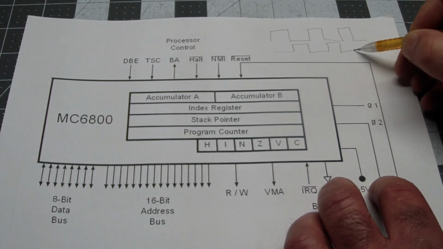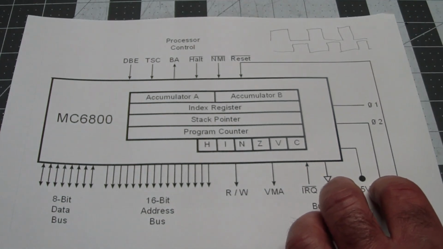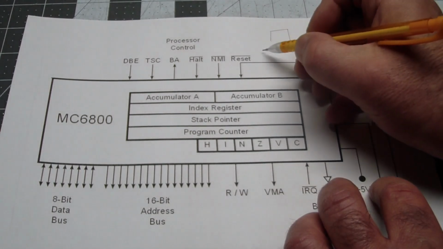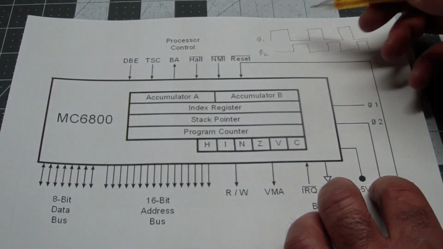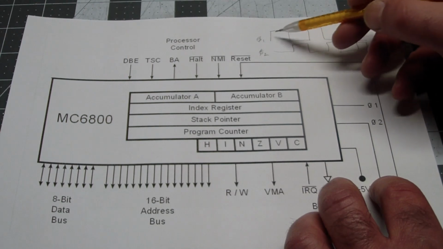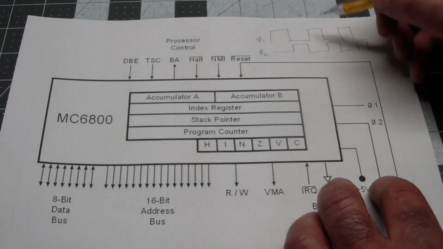It is high whenever phase 1 is low. The non-overlapping part says that phase 2 should not become active until after phase 1 has become inactive.